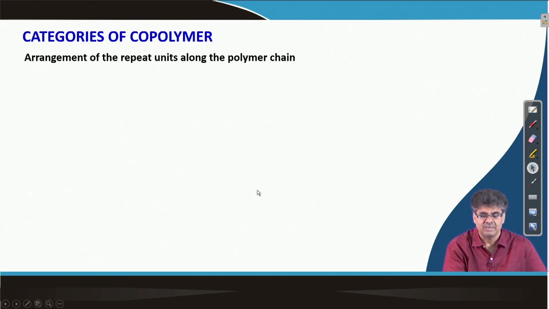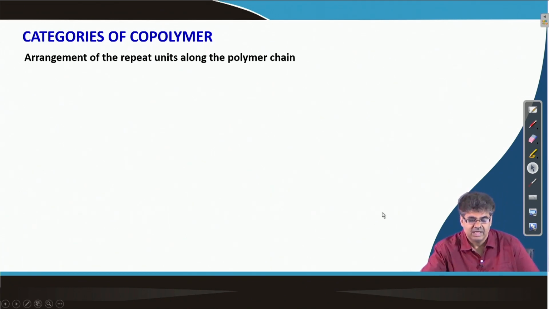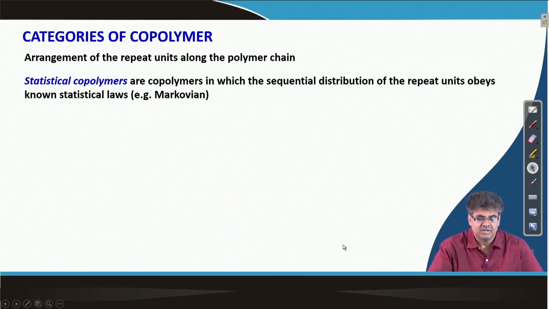When you talk about copolymers, we can divide them based on the arrangement of the repeat units along the polymer chain. For example, if the repeat units are arranged in a statistical way following a known statistical law, for example Markovian, then we call this a statistical copolymer.